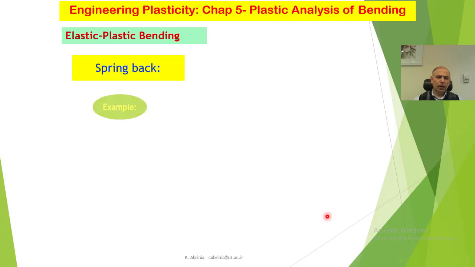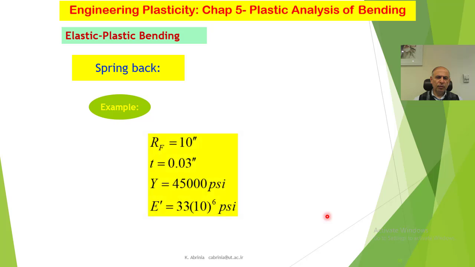Now I have this example for a spring back here, which has an RF equal to 10 inches. Supposing we have a plate, sheet metal, and we want to bend it, just a pure bending. We want the final radius to be 10 inches.